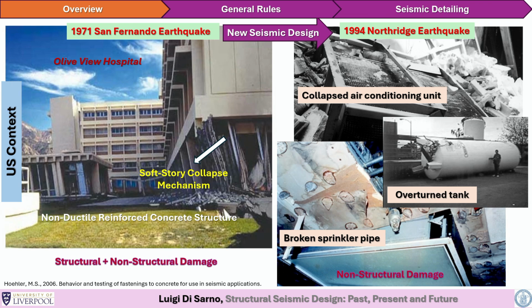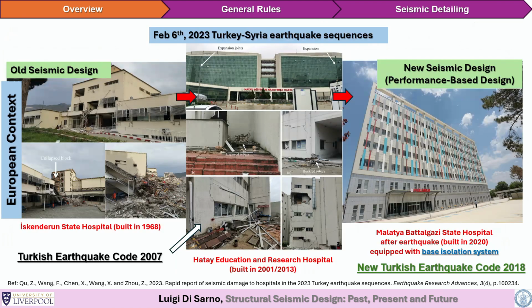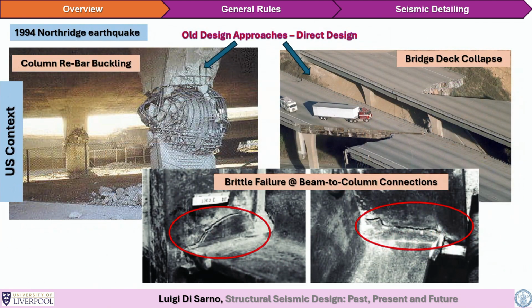So still the building was not usable, which means that when we look at structural engineering, we need to consider not only the structure as an important feature for its functionality, but also, and more importantly, the building contents, particularly when we look at hospitals. This is something that we should consider these days for the next generation of codes, which should go beyond the structure response.